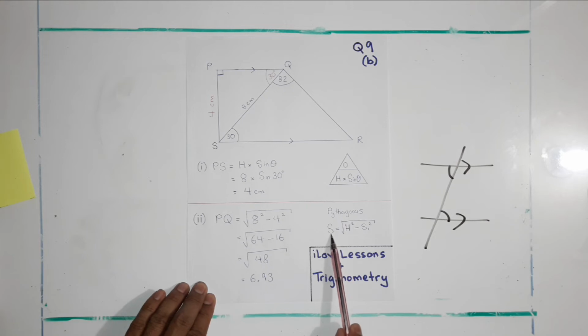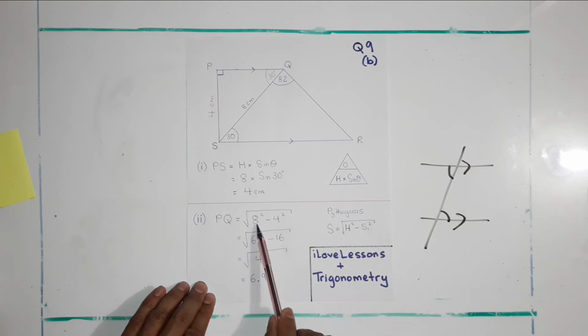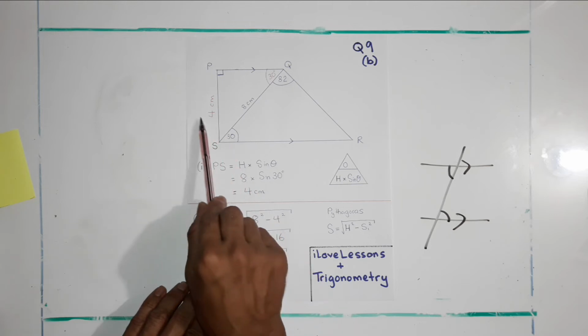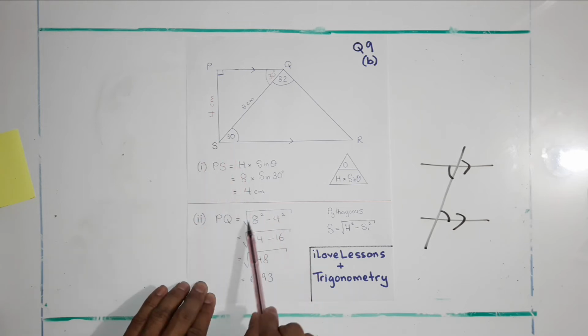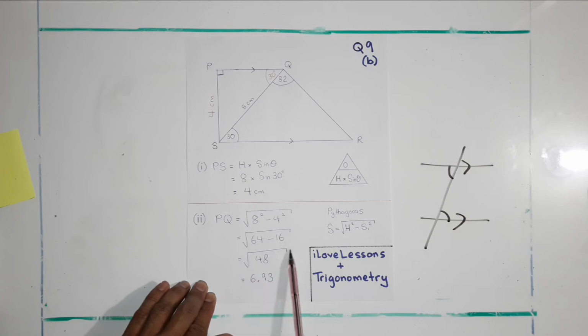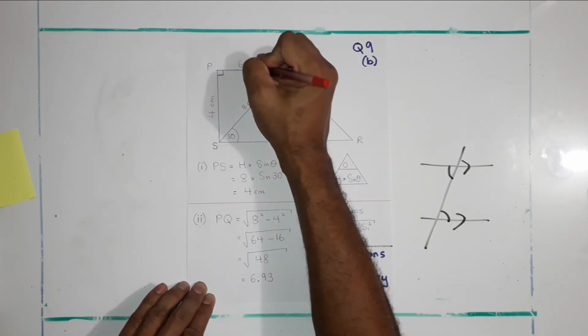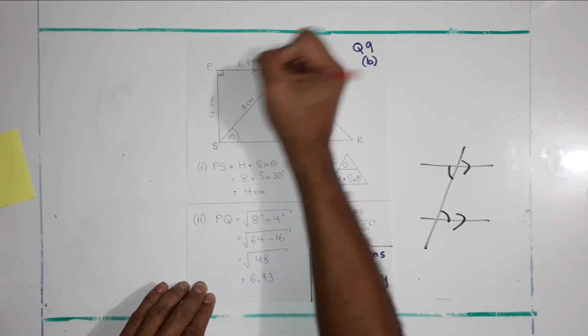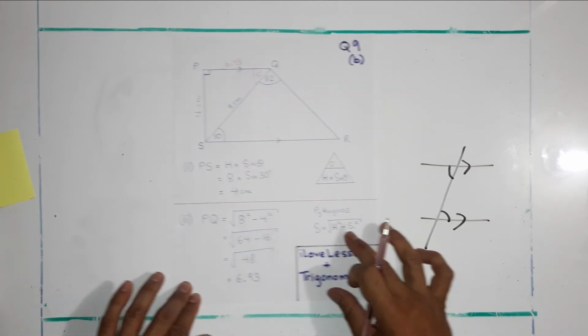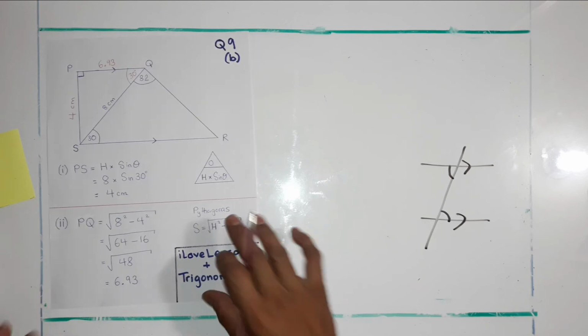To find the regular side, we take the hypotenuse squared minus side 1 squared and square root the answer. The hypotenuse is 8, so we say 8 squared minus the regular side given. Well, this wasn't given, we had to resolve it from the part above. So we're going to get 64 minus 16, that's 48. Square root of 48 is 6.93. So the length from here to here is 6.93. Alright, and I used Pythagoras Theorem.